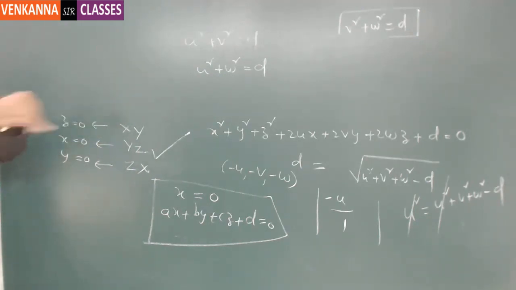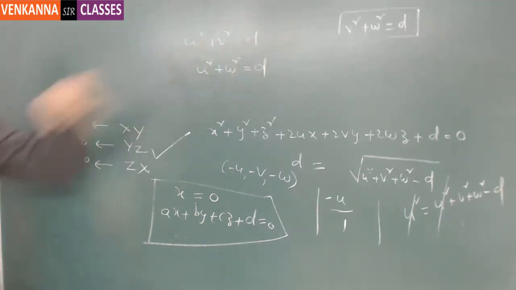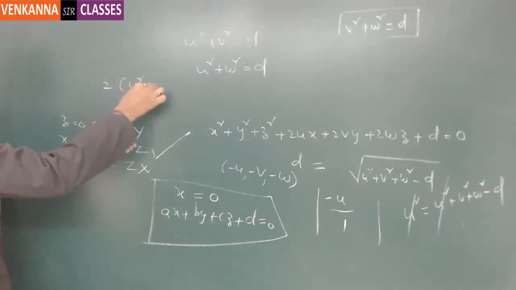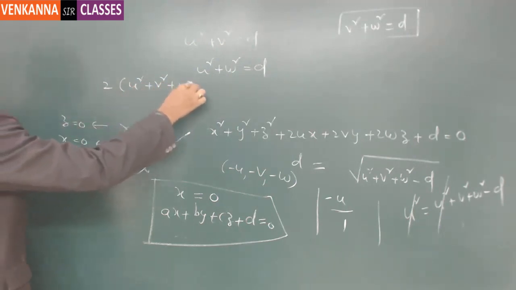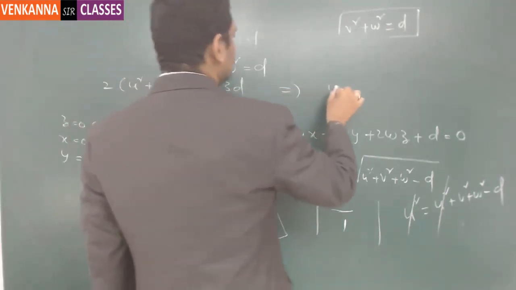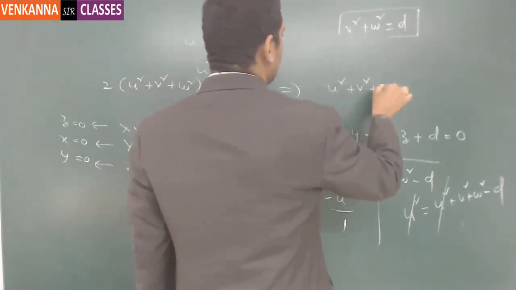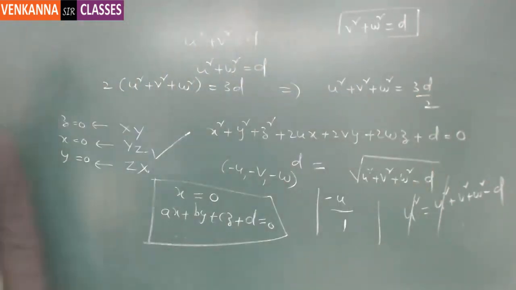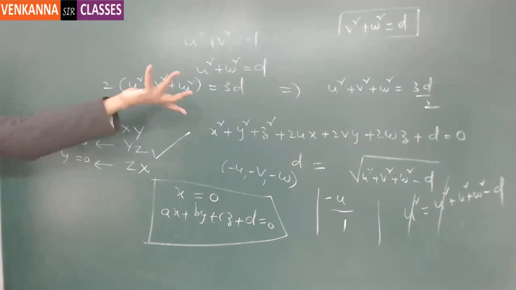Right. Now, let us add all the three equations together. So you have 2 into u square plus v square plus w square is equal to 3d, which gives that u square plus v square plus w square is equal to 3d by 2. You can substitute any one value.